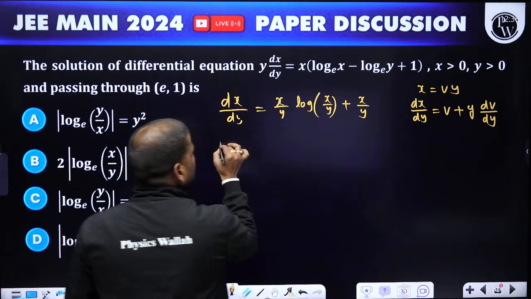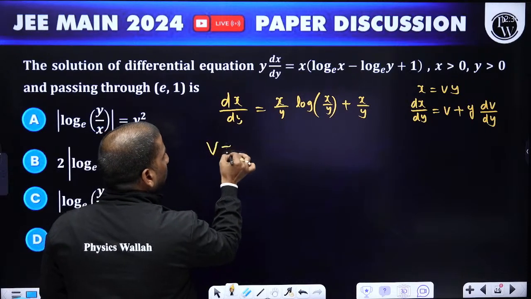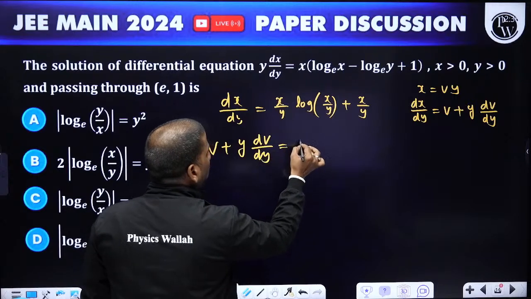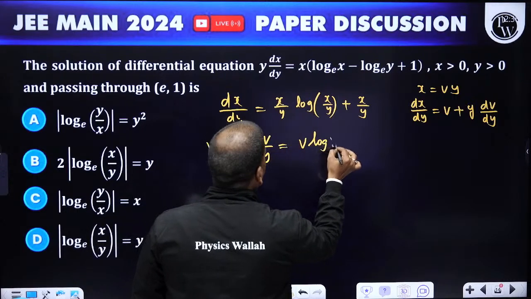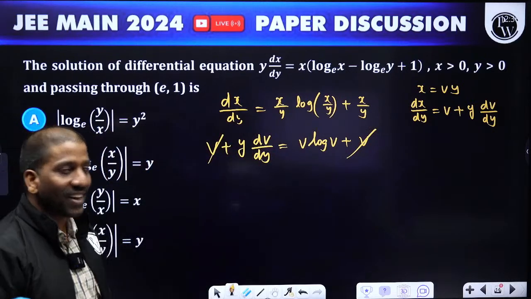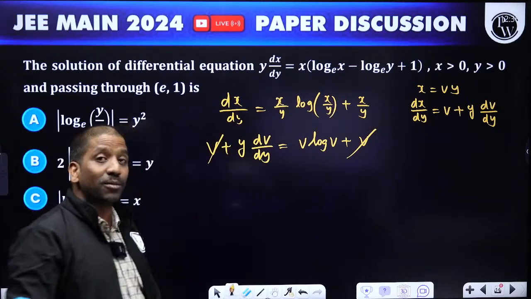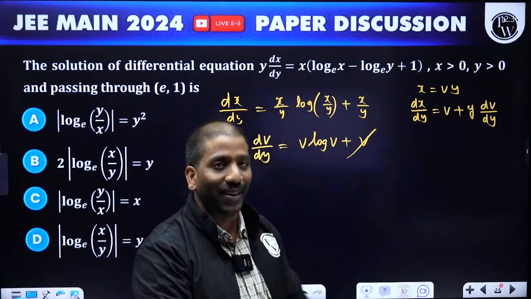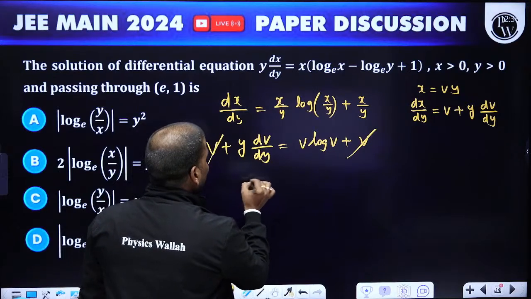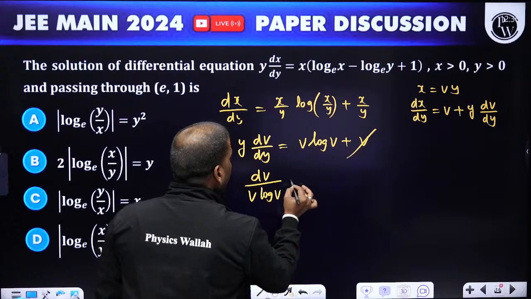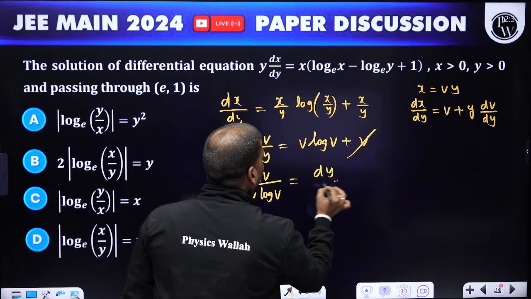Just replace by the standard method: v plus y times dv by dy, which is equal to v log v plus v. v got cancelled. We are so happy when these terms get cancelled. The simplification, differentiation and integration will be more simple. Then, my dear students, dv by v log v, which is equal to dy by y.